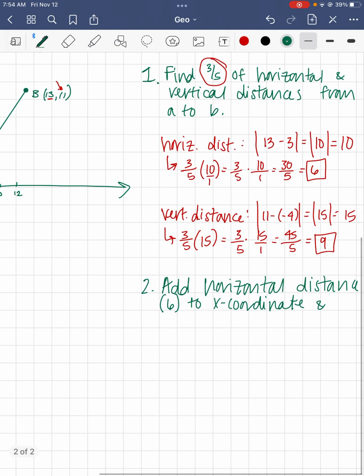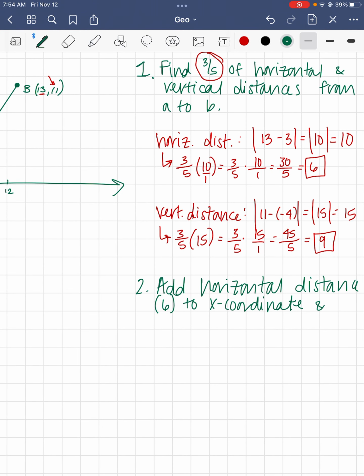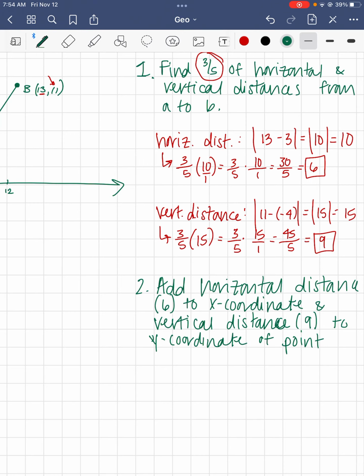And let's do vertical distance, and the vertical distance, which we found was 9, to the y-coordinate, point A, which is at 3, -4. Okay, and that's step 2.